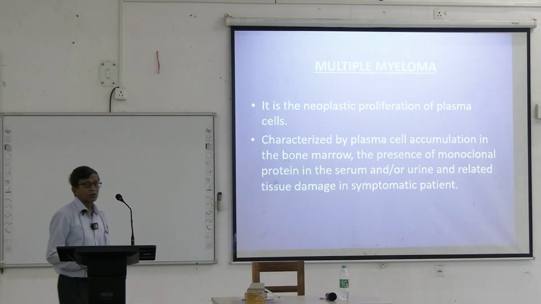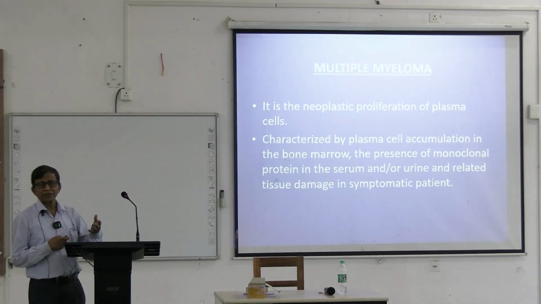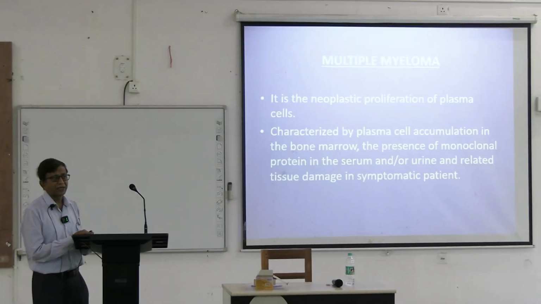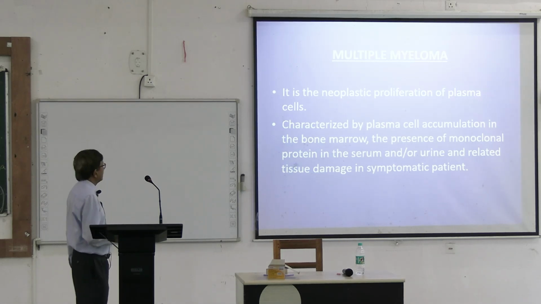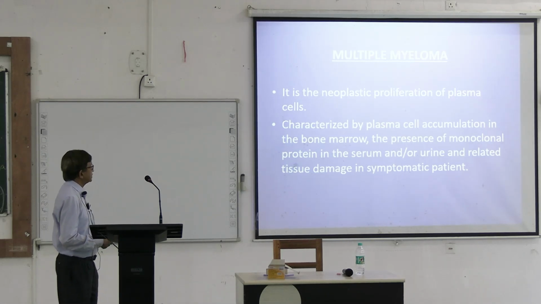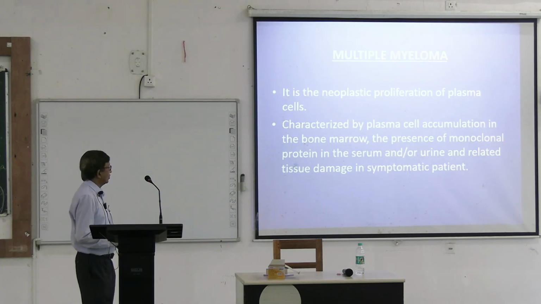Multiple myeloma. As some books are still displaying the old name, I have kept this name, multiple myeloma. It's a neoplastic proliferation characterized by plasma cell accumulation in bone marrow, monoclonal protein in the serum or urine, and tissue damage.